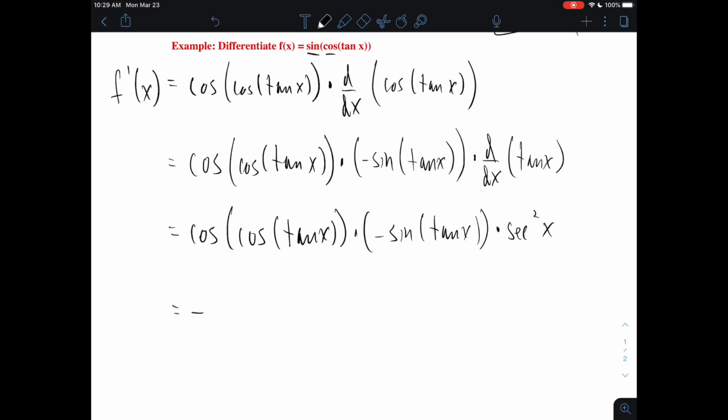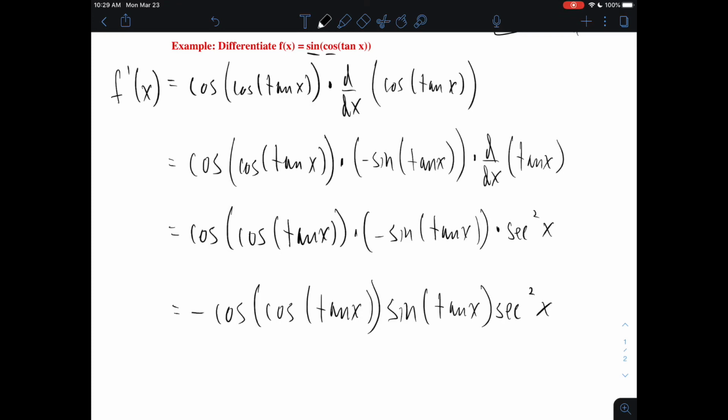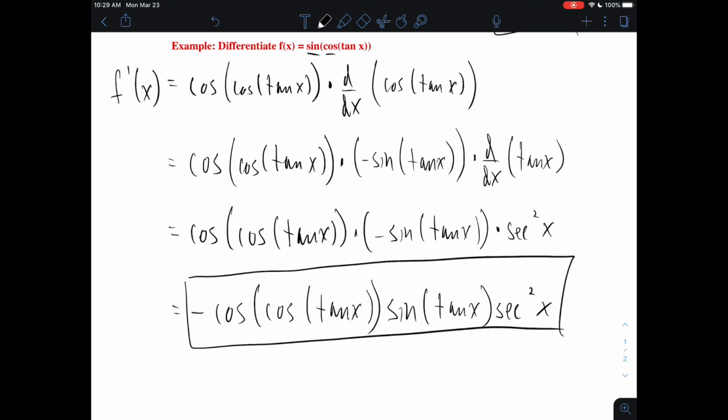So we could say negative cosine of tangent x, and then that's times sine of tangent x, and then that's times secant squared x. Since we have trig functions inside of trig functions, there's no identities that we can use to simplify, and that's it.